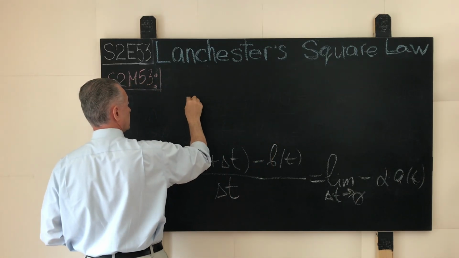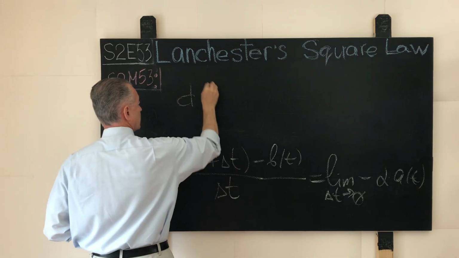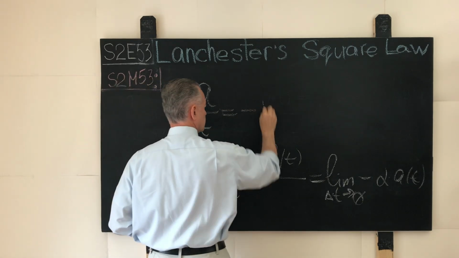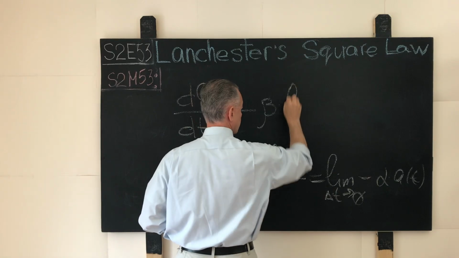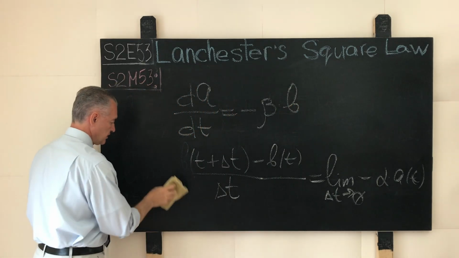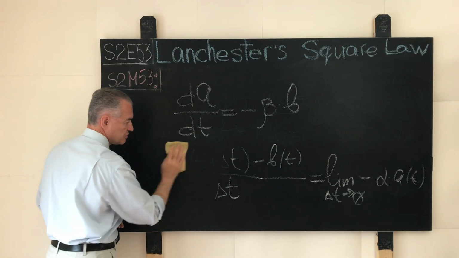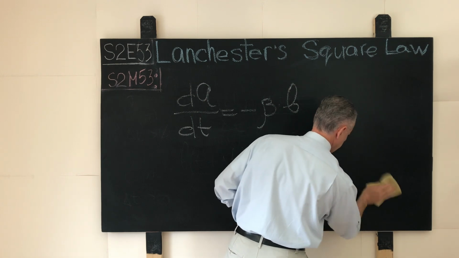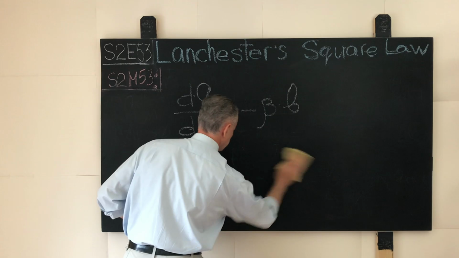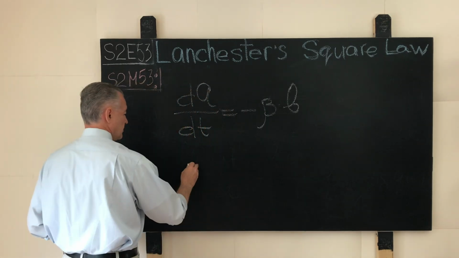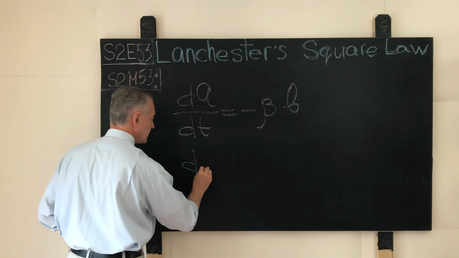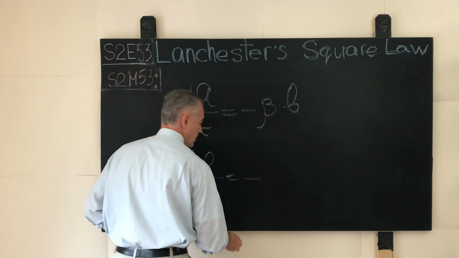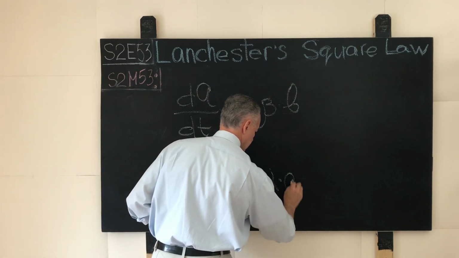So for the first equation, we have dA over dt is equal to minus beta times b, and we translate this voluminous expression into a compact way as follows. The first derivative of the function b, which we write as dB over dt, is equal to minus alpha times a.